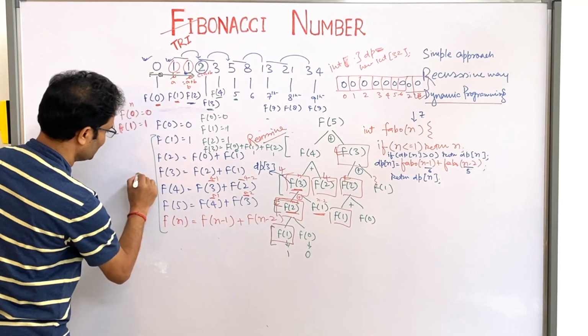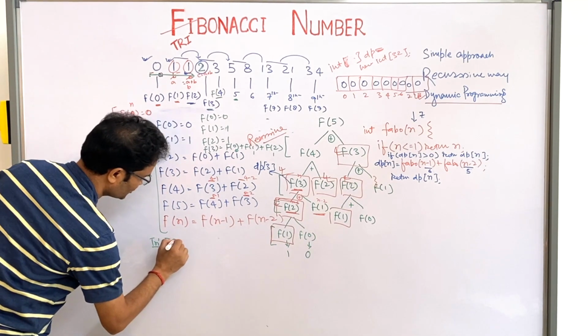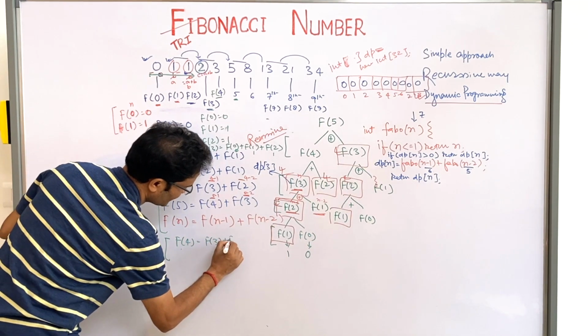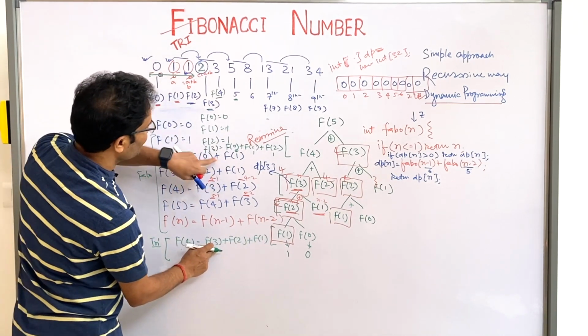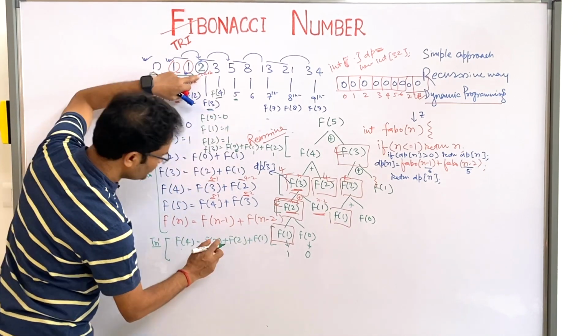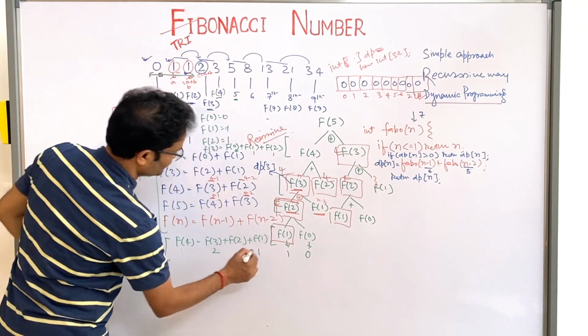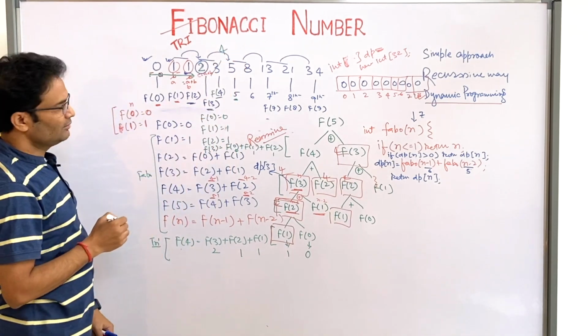This is for the Fibonacci and this is for the Tribonacci, right? So now F4 is equal to F3 plus F2 plus F1. F3 we have already calculated, this is 2, and F2 is 1 and F1 is 1. So it becomes 4. So F4 becomes 4, right?